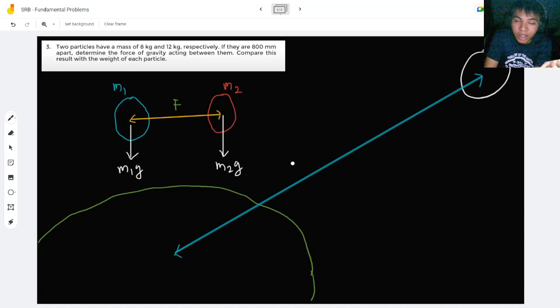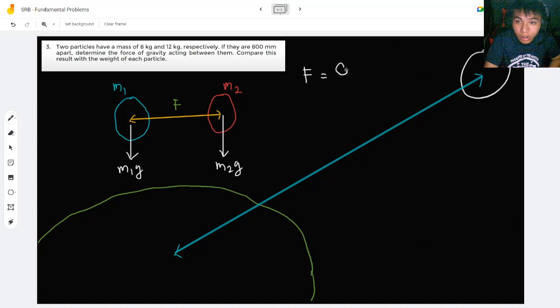if you see our variables, we now know what formula we're going to use, and that is the gravitational attraction formula of Newton. Its formula is this one.